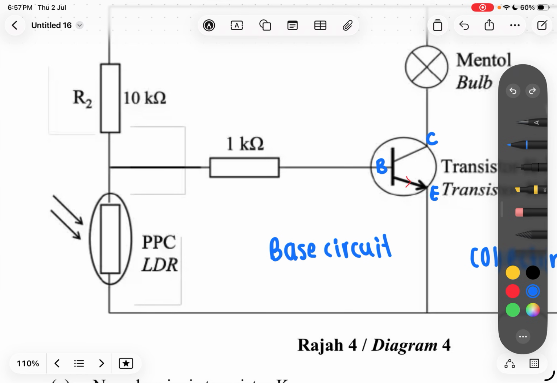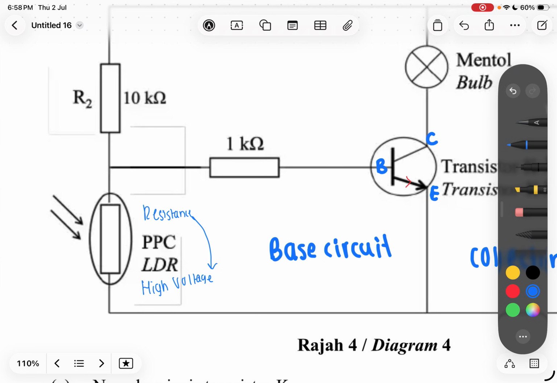Whereas at night, the LDR has such a high resistance. Sorry, start with resistance always. So when there's high resistance in the LDR, the voltage as well will be high. You have to remember that when resistance is high, voltage is high.